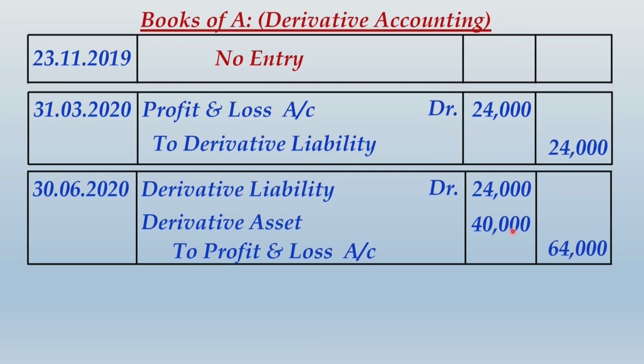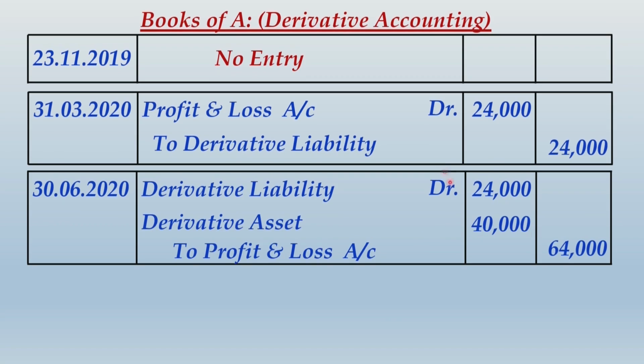Finally, it is A who is going to collect rupees 40,000 from B. How to get this 40,000? Once again, I am telling you, the agreed price for A to purchase was rupees 160 and the prevailing market price is 170. The difference between these two prices is the benefit for A, for which A would recognize a derivative asset in the form of a financial asset.